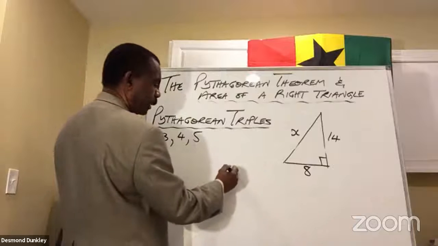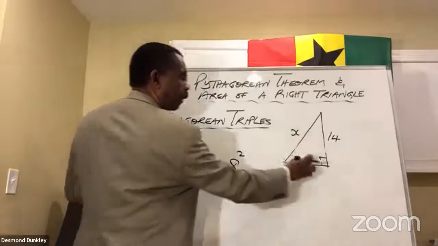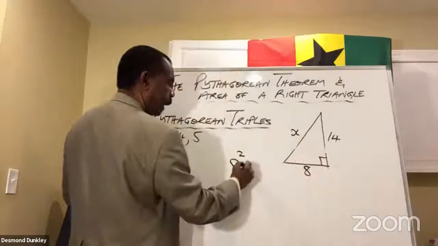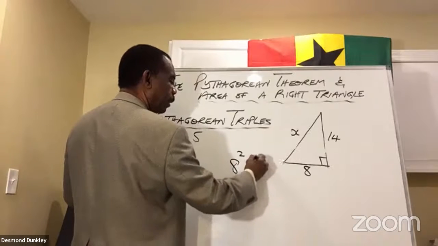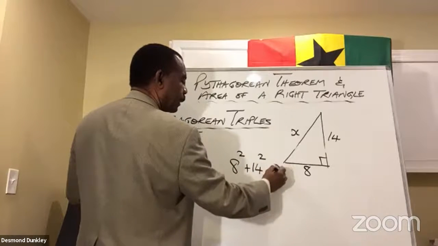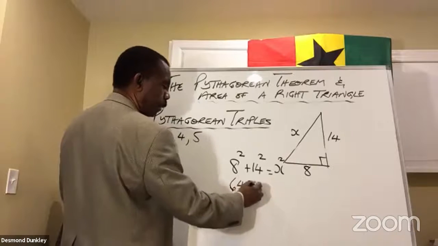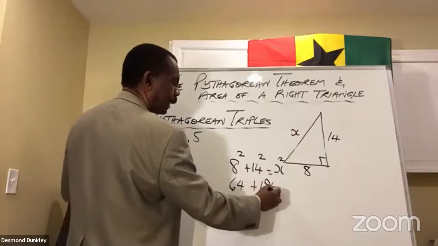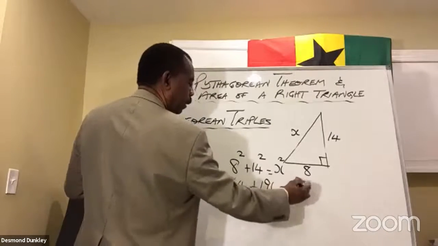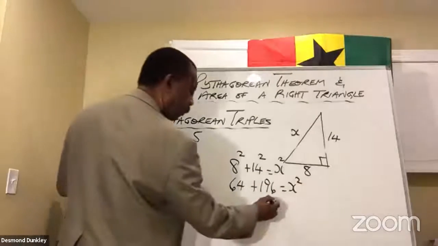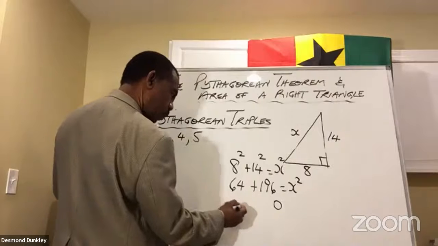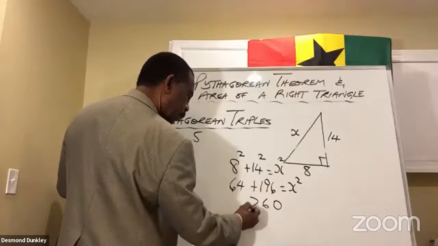Well, according to this, in order for it to be a right triangle, 8 squared plus 14 squared is equal to x squared. 8 squared is 64. 14 squared is 196. Add these together, we end up with 260.